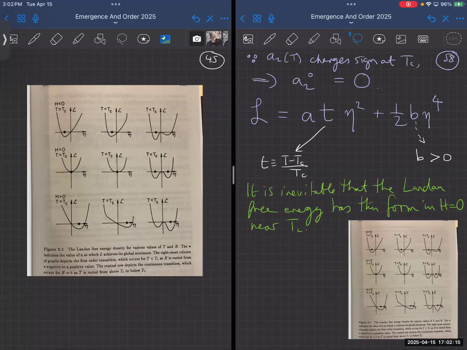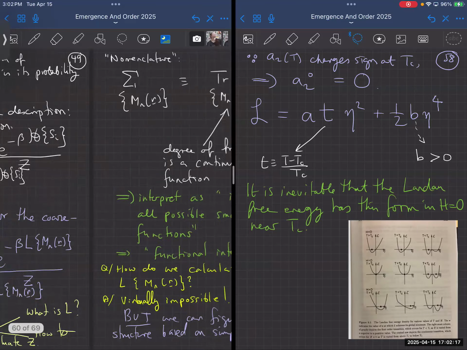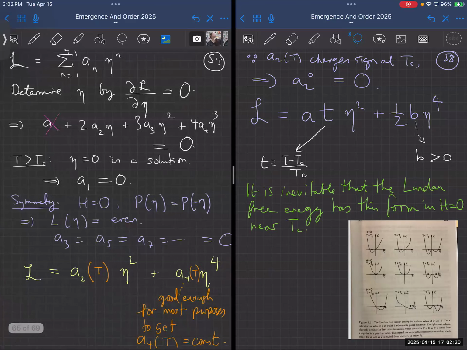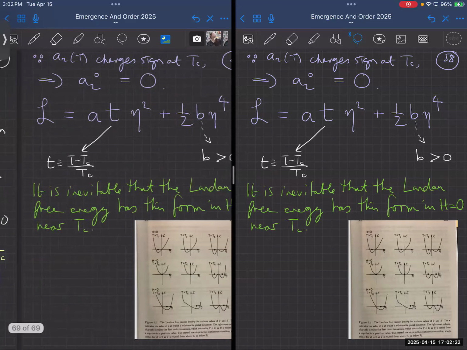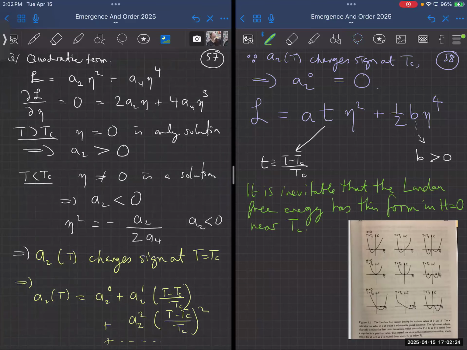So this little diagram tells you the behavior of this potential, this Landau free energy, what it looks like as a function of temperature and external magnetic field.